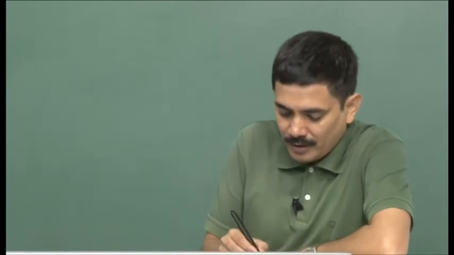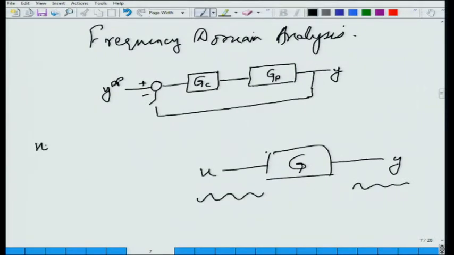So what we are saying is, if you are forcing a linear system with a sinusoid of amplitude a sin omega t, then after sufficient time has elapsed and the initial transients have panned out, the output would be b, a different amplitude, times a sine wave with a phase lag phi, as t tends to infinity.